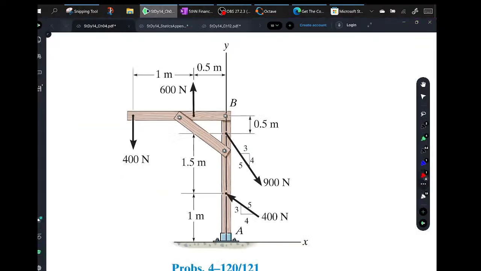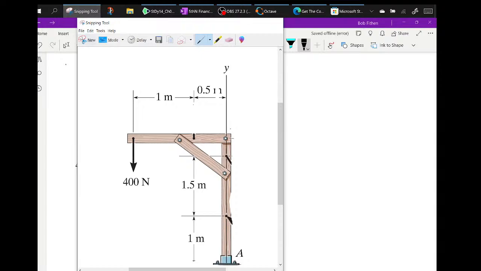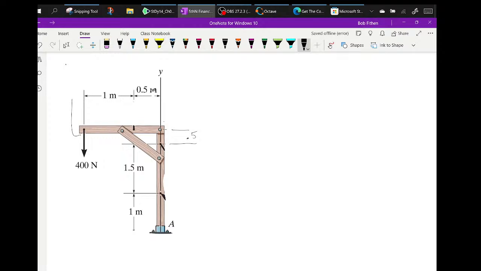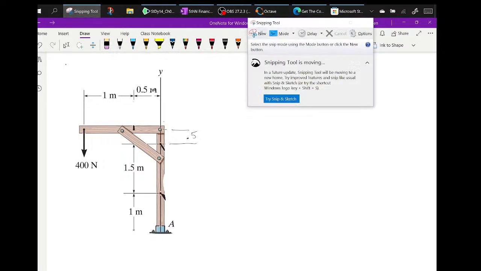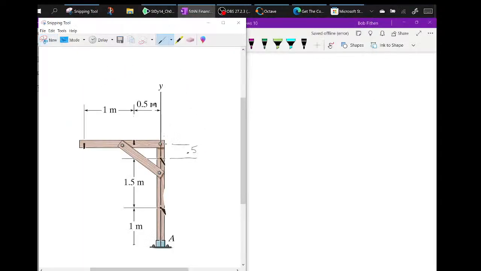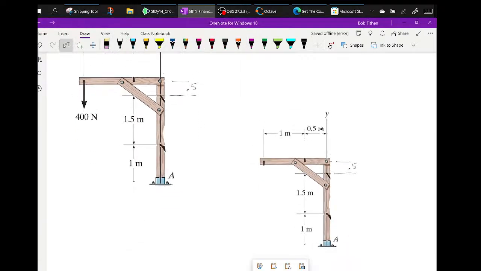Let's go back to the picture. This is half a meter up. So this is 0.5 meters. I'll go back in and do a new clip. Give me my new clip. Boom. Now I can go back and drop this somewhere, and then I can delete this whole thing.